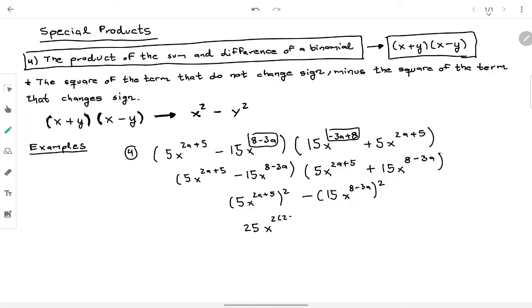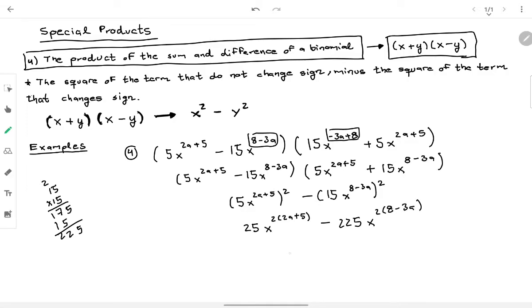You will need to multiply the exponents. You can do it also by mind. 15 multiplied by 15. It will be 225. It will be x, 2 times 8a minus 3, 8.